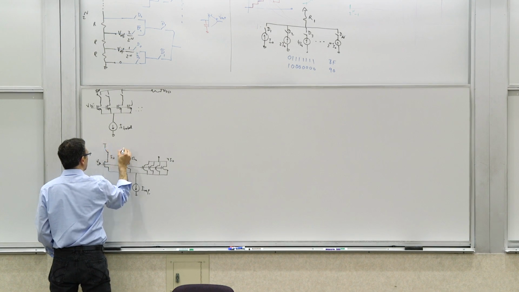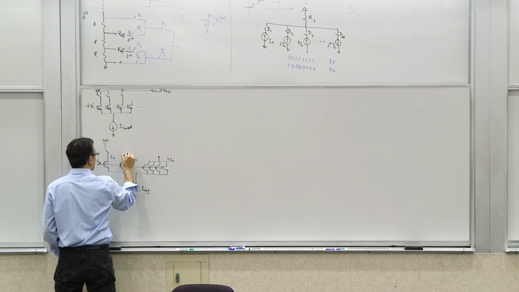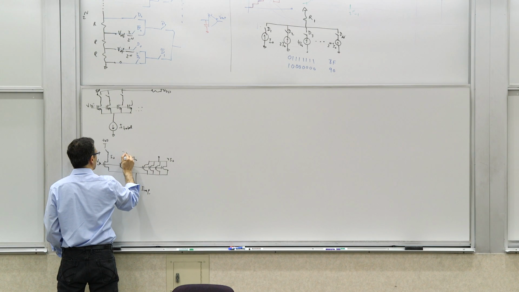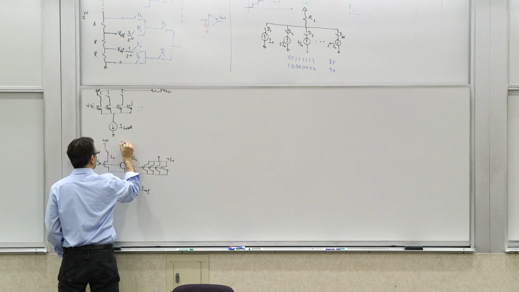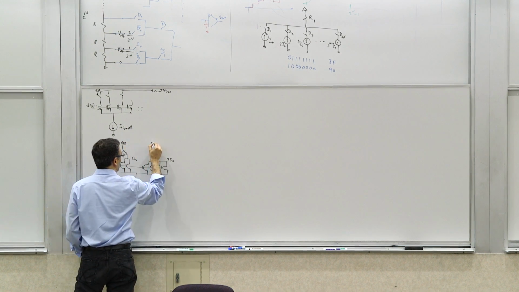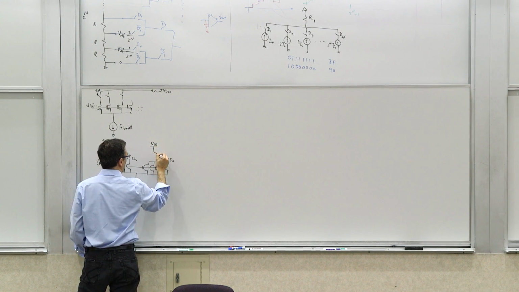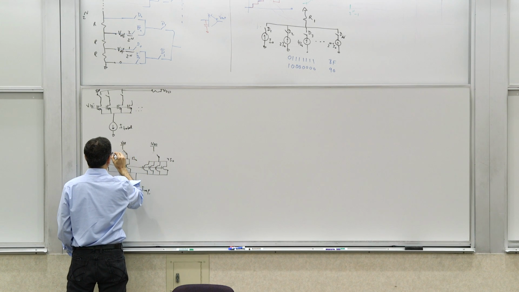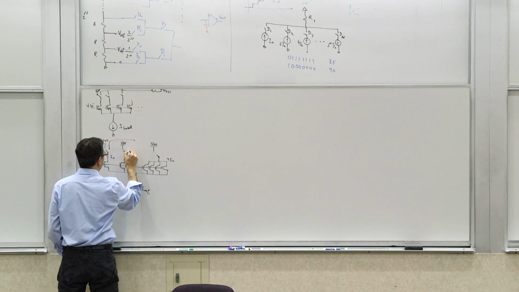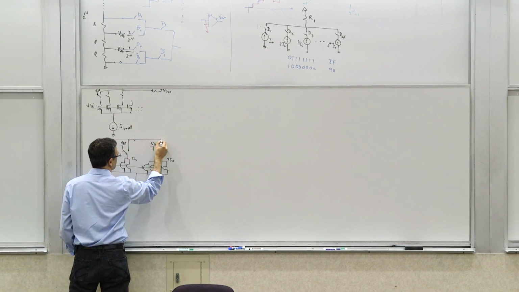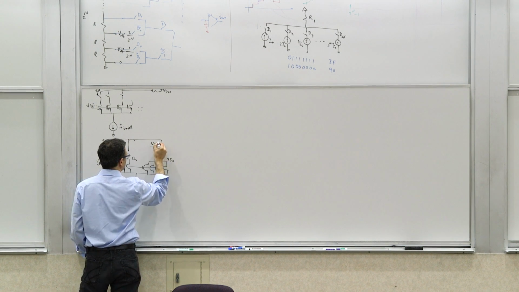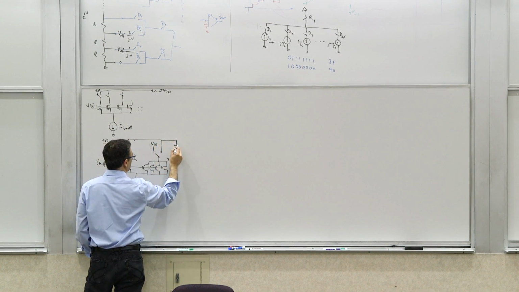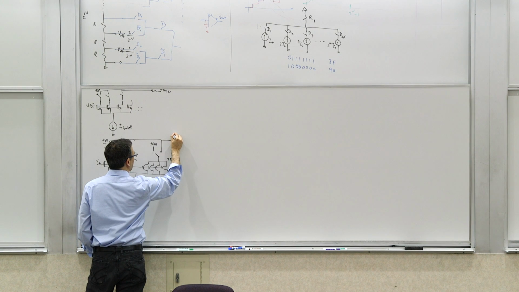So you're either connected to VDD, or you're connected to the other branch where the currents are aggregated. And then you go to the resistor, to the VDD.